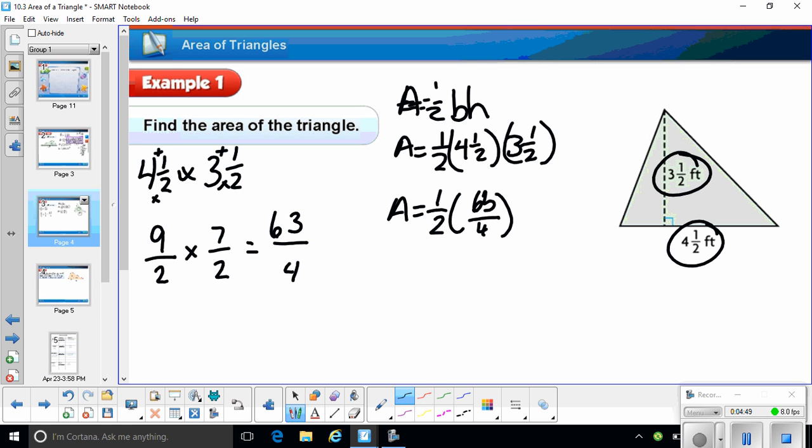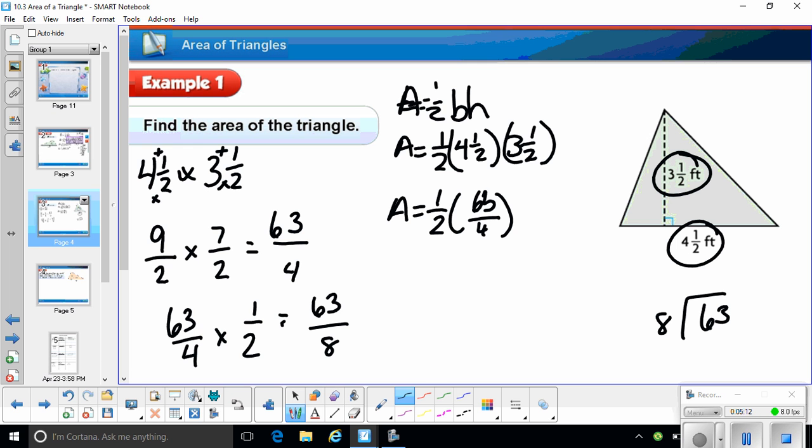I'm then going to continue solving over here. 63/4 times 1/2 gets me 63/8. When I have fractions, I then need to make sure that I simplify. And so 63 divided by 8, 8 can go into 63 7 times, and that's 56.